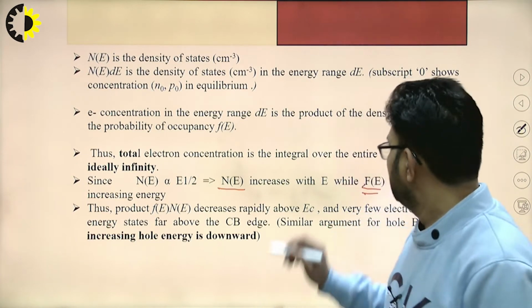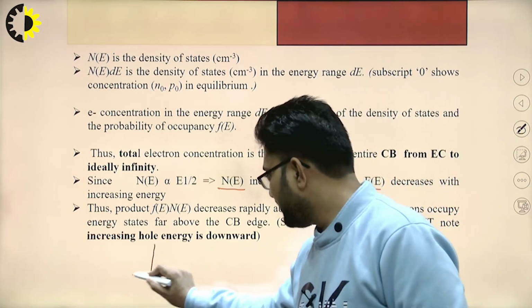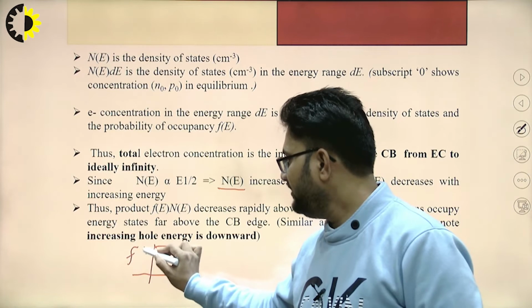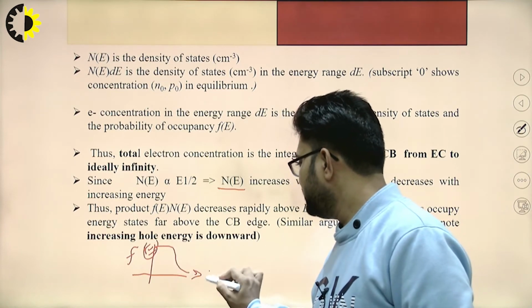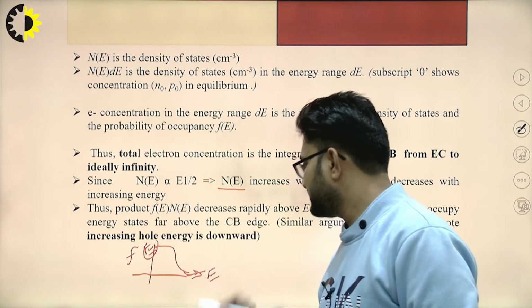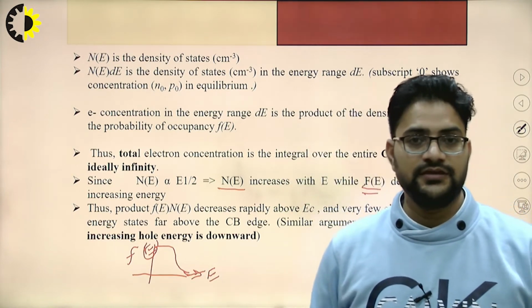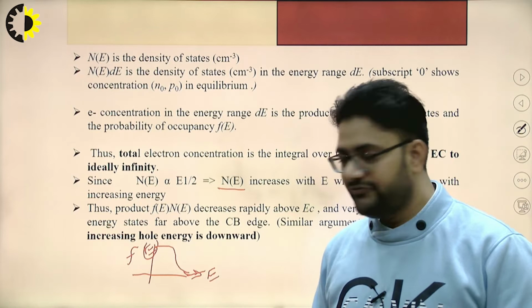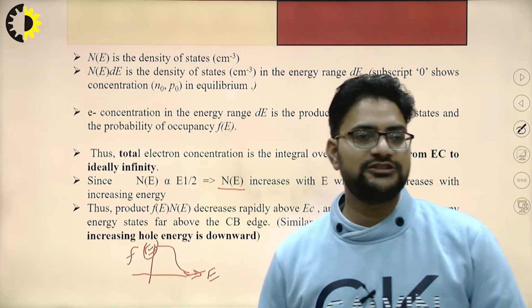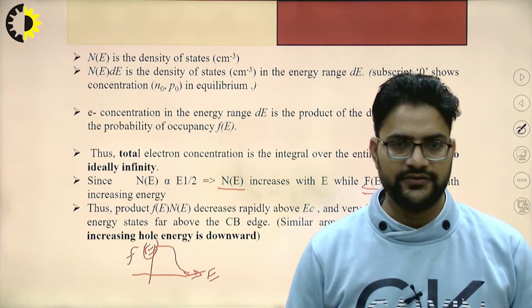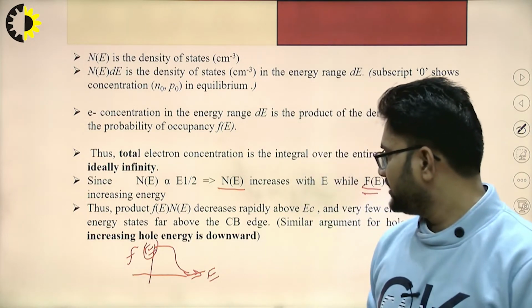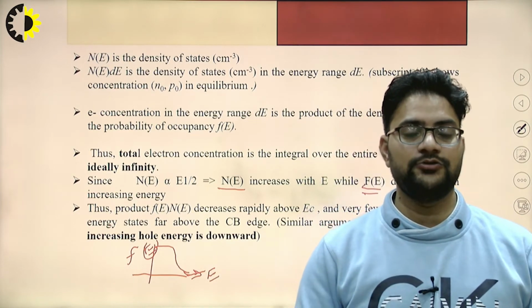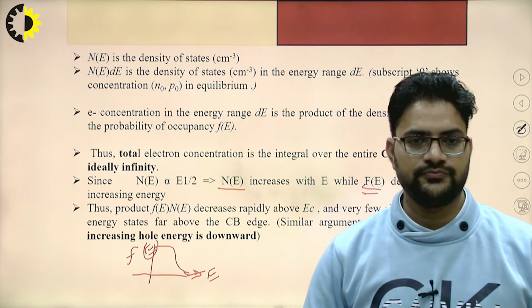This is in accordance with the graph we had, if you remember, where the x-axis is E and the y-axis is F(E). From there we concluded that if you increase the energy, the Fermi-Dirac function value decreases. The product of F(E) and N(E) decreases rapidly above the conduction band energy level.